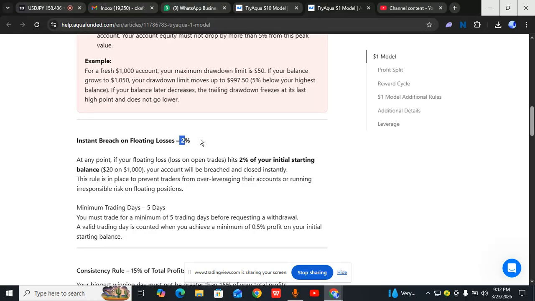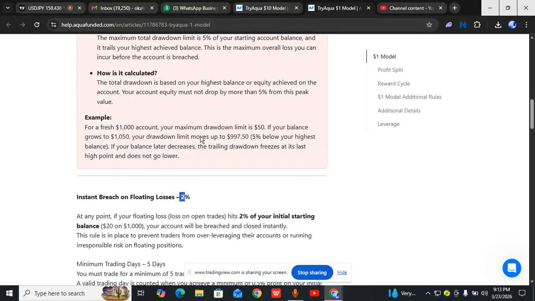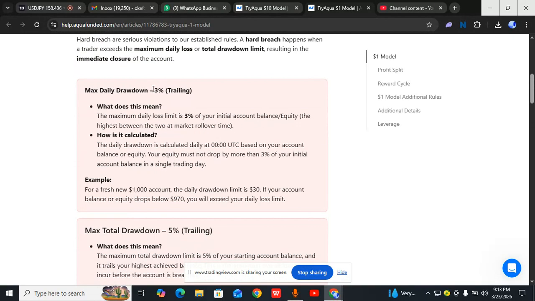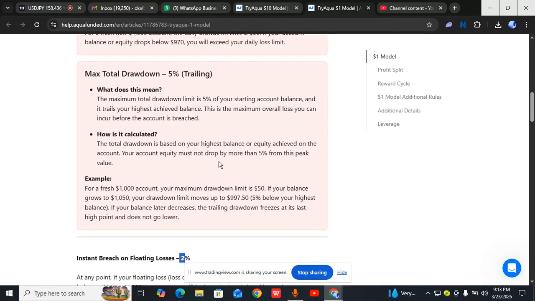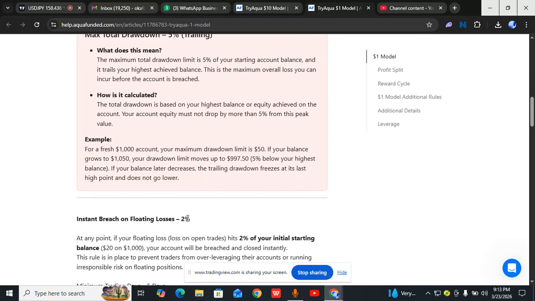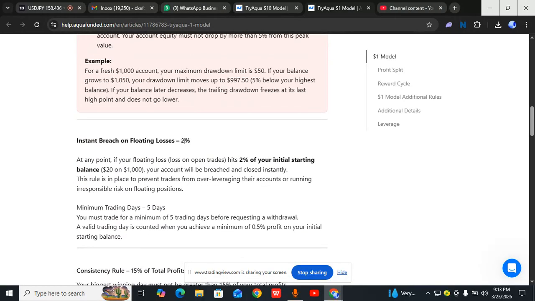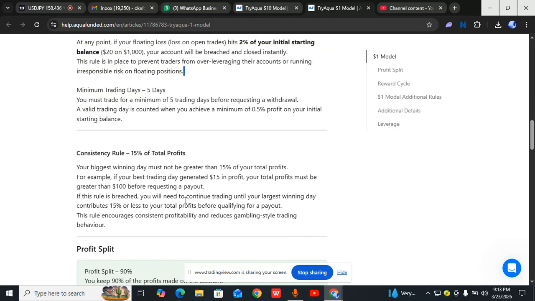So you want to be risking a maximum of 1.5% per trade, even though the daily drawdown is 3%, which is also trailing. That doesn't mean that you should open a trade with 2% drawdown. Once it hits 2% drawdown, you automatically lose that particular account.